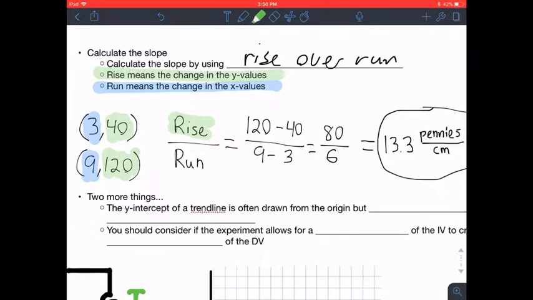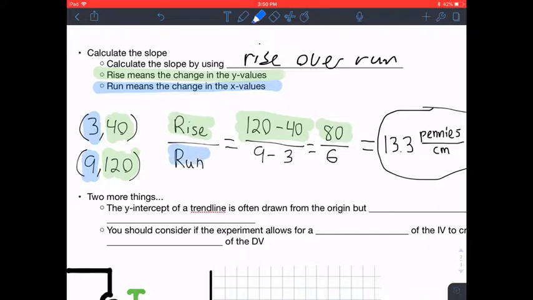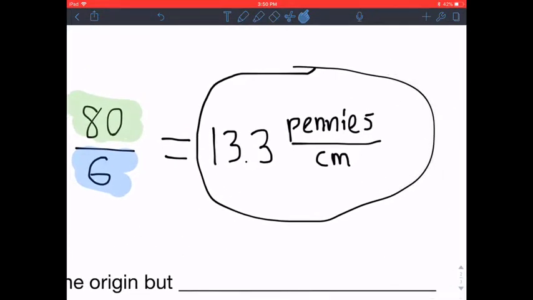The change in the y value is 120 minus 40, which is 80. The run, on the other hand, is down here on the bottom, which is 9 minus 3, or 6. Now, a lot of times in math, I know you guys leave your slopes as fractions, but in physics, we usually like to actually do the division and come up with an answer, which in this case is going to be 13.3.